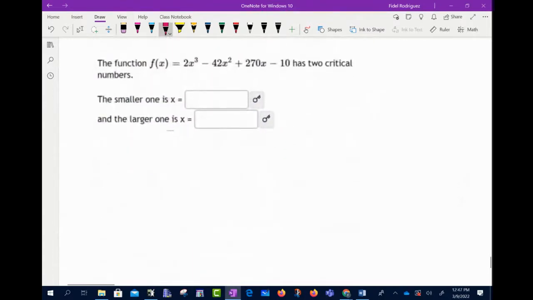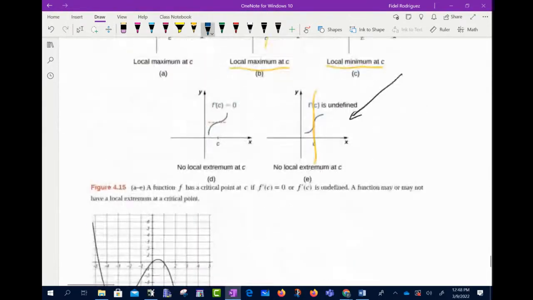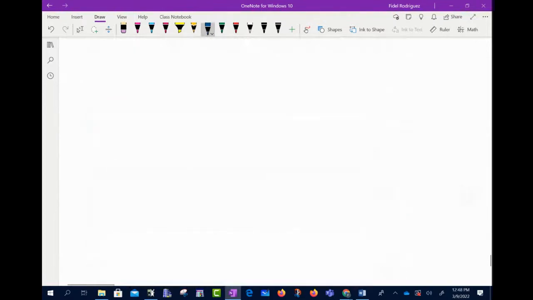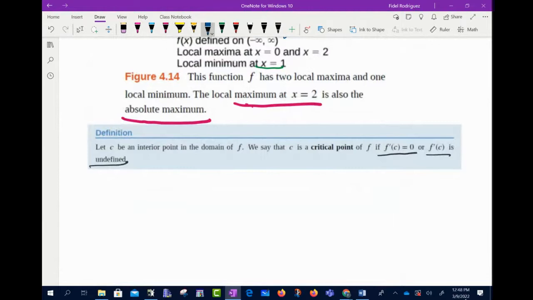All right, let's take a look. It says the function f of x has two critical numbers, and we want to find them. Okay, y'all, I'm going to scroll back over here because I want to talk about something real quick. Here we go. Okay, critical points.